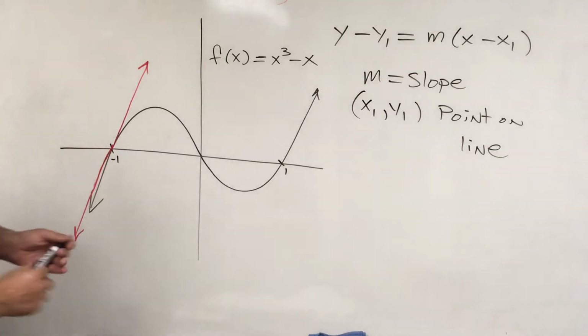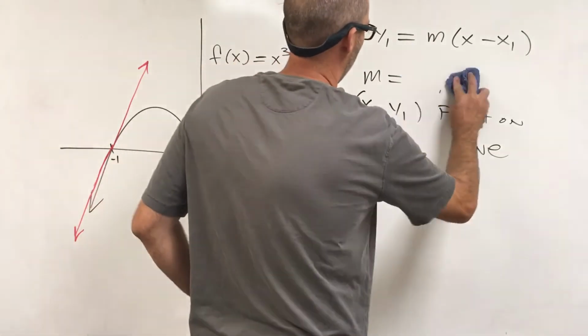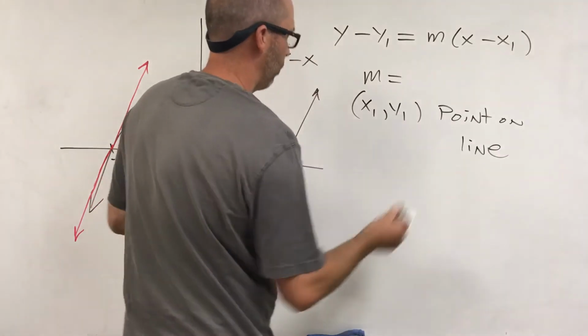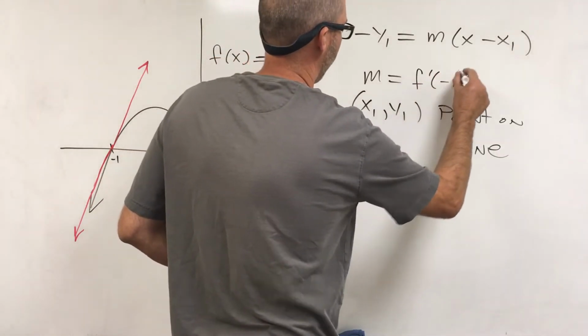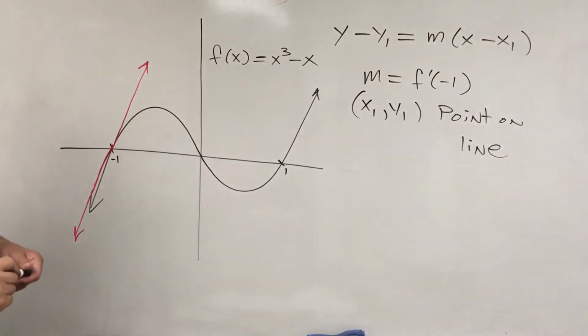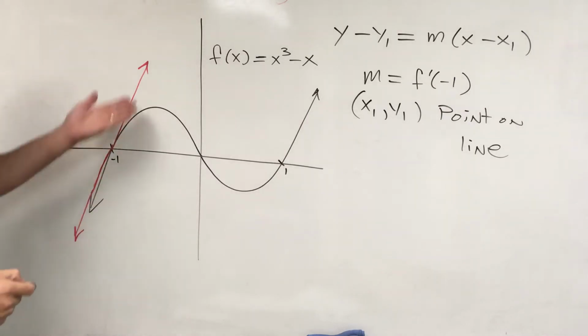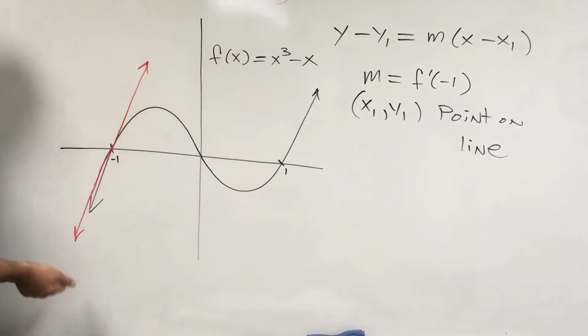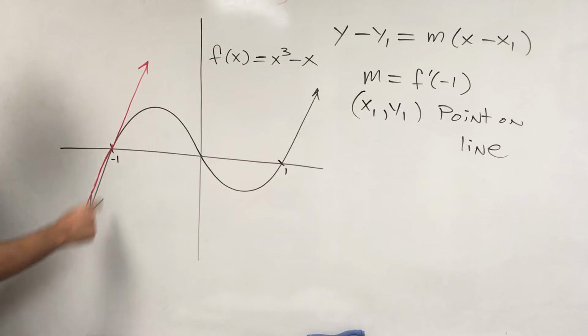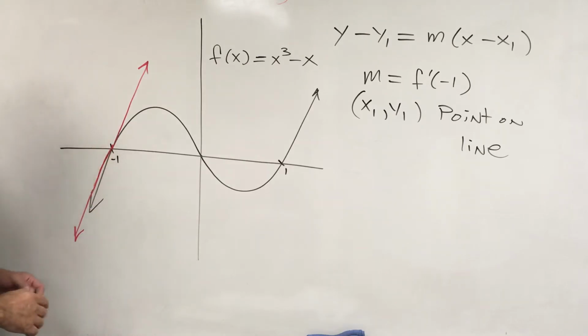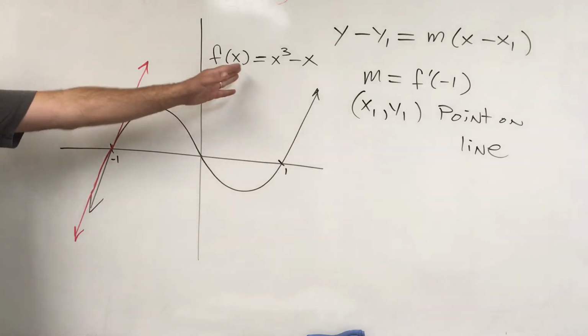So here we're looking for f prime of -1. That's our slope. And what's a point on the line? Well, there's infinitely many points on the line, but I know exactly one of them, and that's -1, f of -1. From here you can tell that f of -1 is 0.